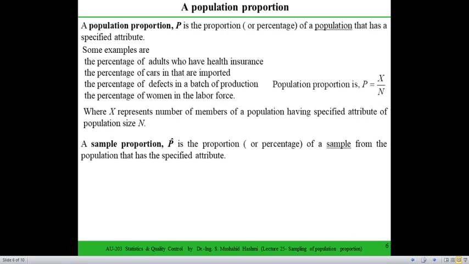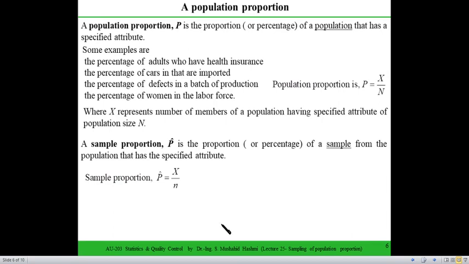For the sample proportion, we use a cap: P cap is the proportion, or the percentage, of items taken from a population that have a certain attribute. That is called the sample proportion. So the sample proportion is a statistic, whereas the population proportion is a parameter.